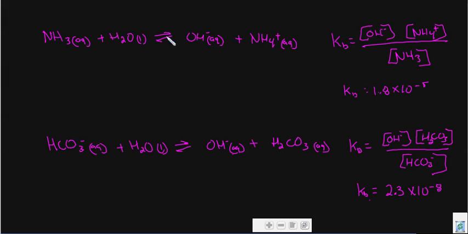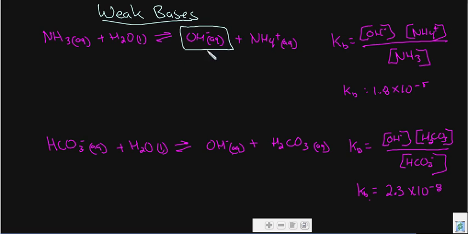All right, and if we look at weak bases, a weak base is really similar. There's not much different about it. Here we have ammonia. When ammonia goes into water, it pulls one of the hydrogen ions away from the water, creating a hydroxide ion.